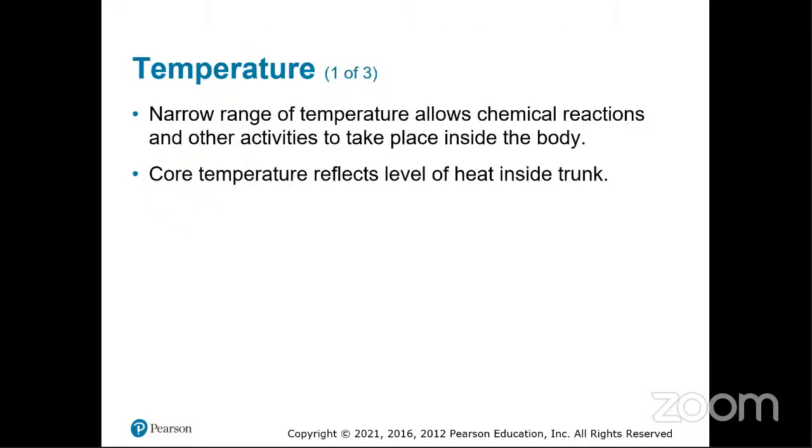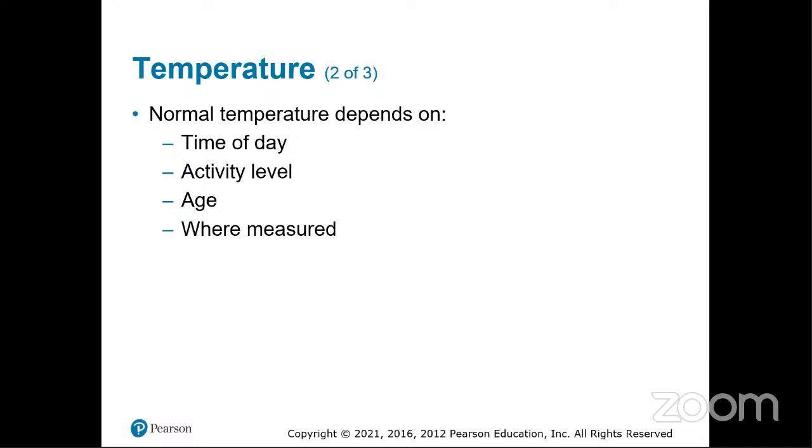So temperature is a range that allows for the chemical reactions at its normal. The core temperature reflects the level of heat inside the trunk. And when they say trunk, it's your thorax that we're after, your thorax and down into your stomach. And it does vary, guys. It depends on time of day, activity level, age, and where it's measured.